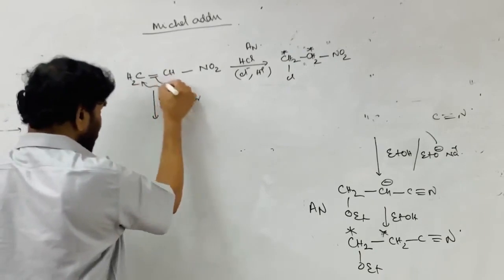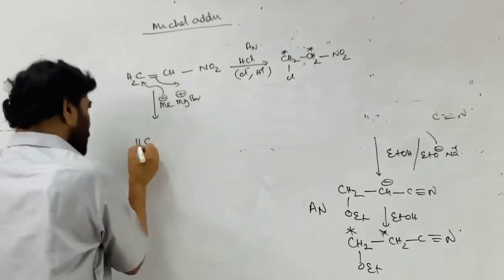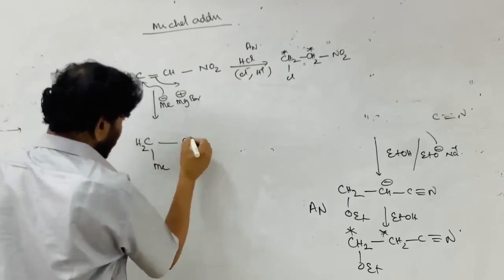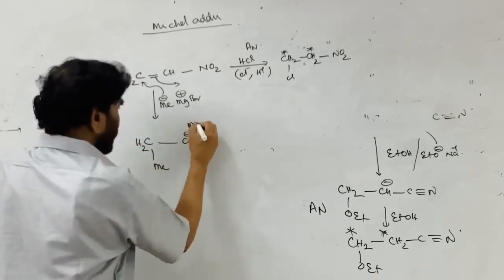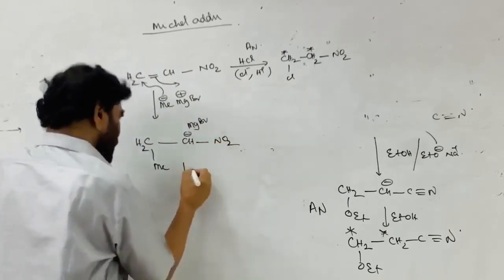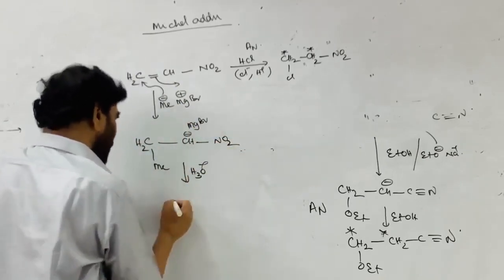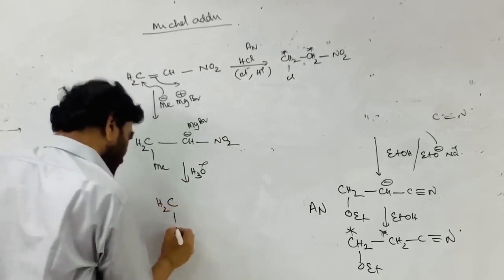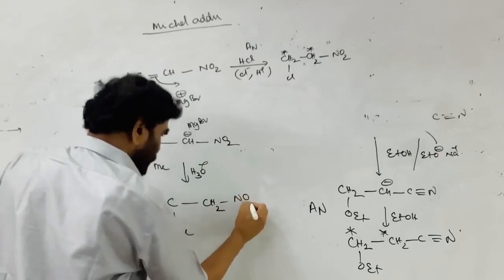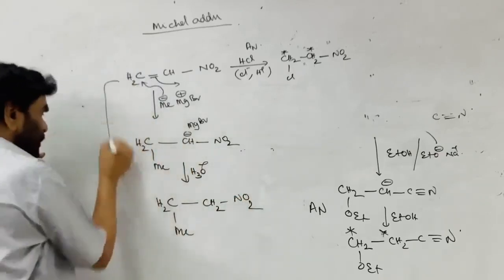CH2 Me, this is CH with a negative charge, MgBr, this is NO2. On acid workup, that gives MeCH2CH2NO2. Now it is Michael addition.